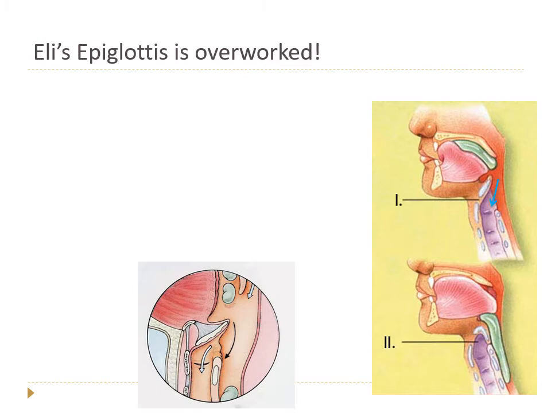So poor Eli, right? So if you're going to be talking, you need air to come up out of your trachea and through your vocal cords. So your epiglottis has to have things be open here so the air can move in and out. But if you're trying to eat and swallow, then the epiglottis has to close so that none of the stuff that you're eating will get in.